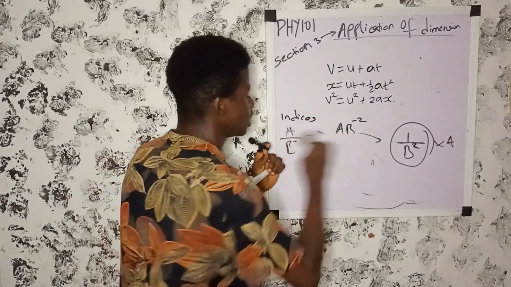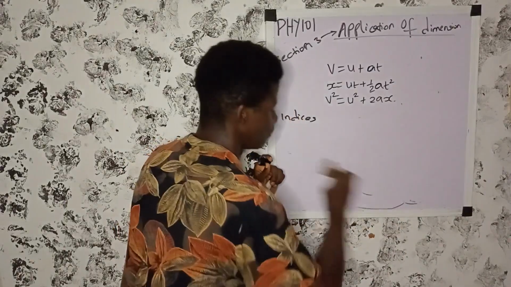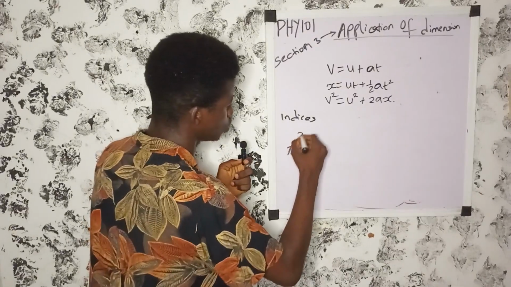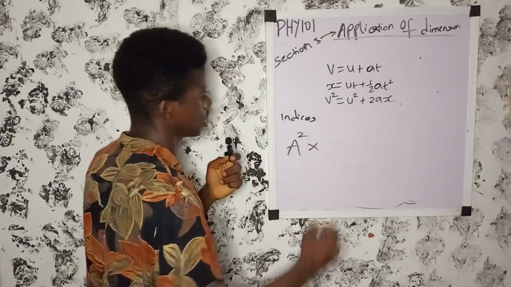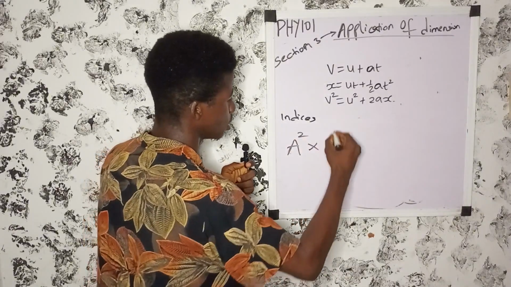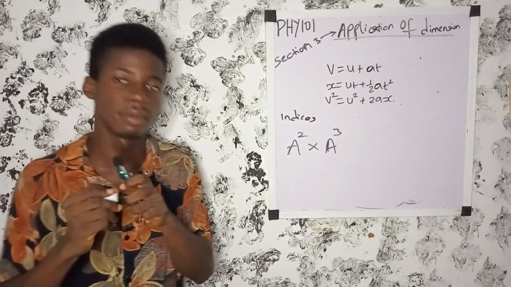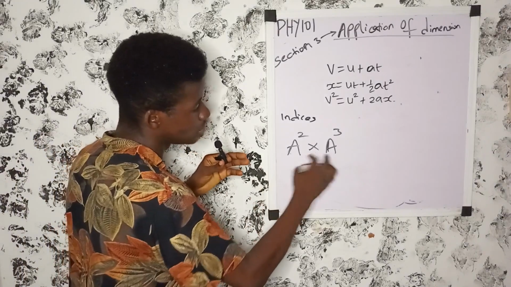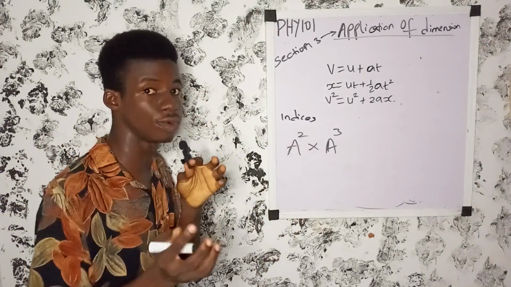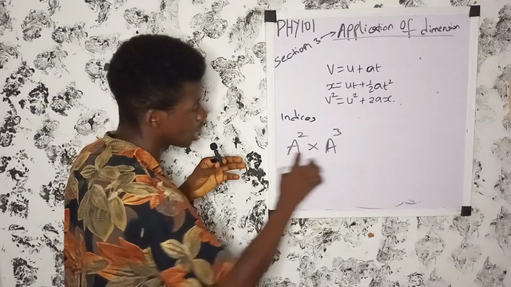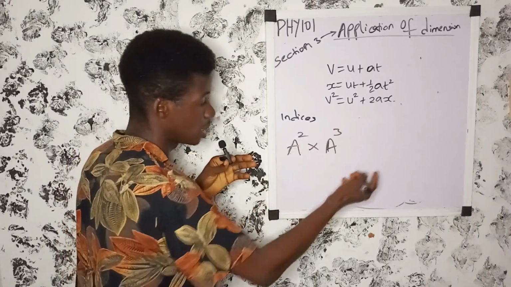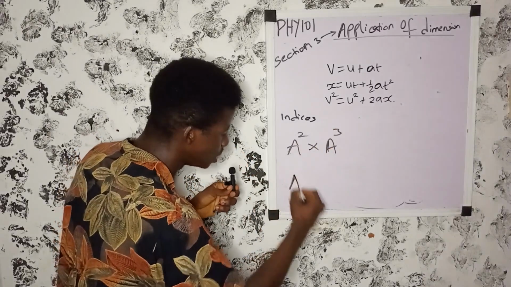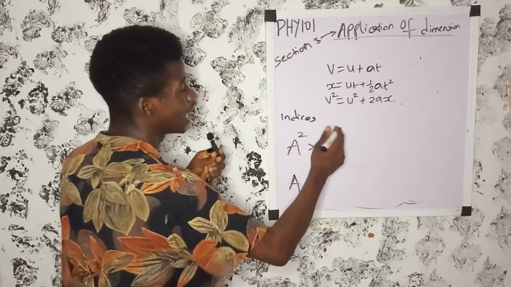Another law in indices states that, for example, a squared times a cubed. A particular law in indices tells you that when two bases are equal, like a squared times a cubed, you take one of the bases and then you add their powers.